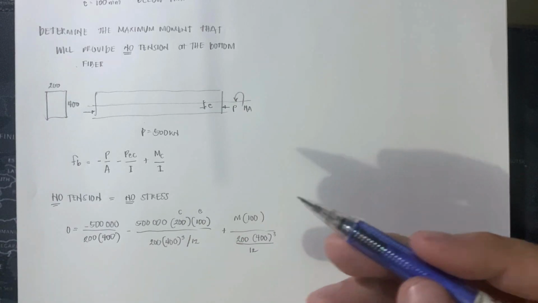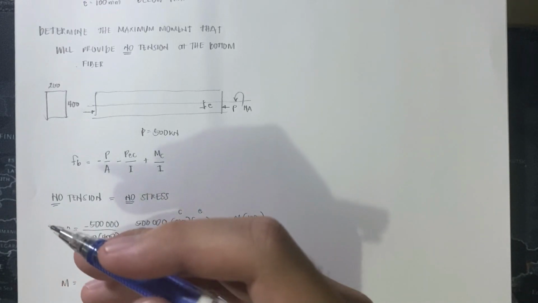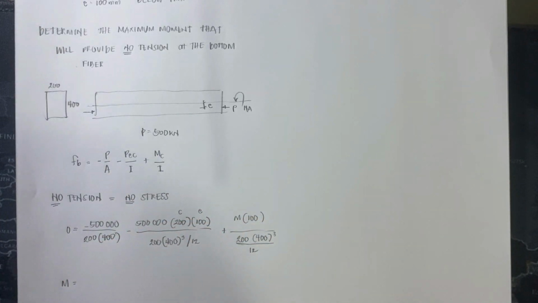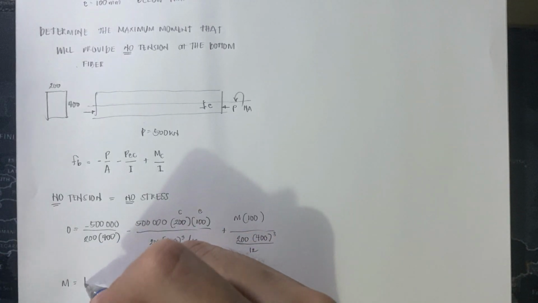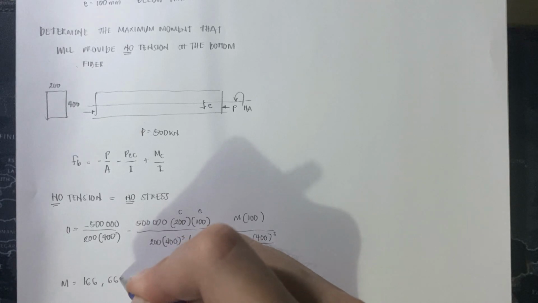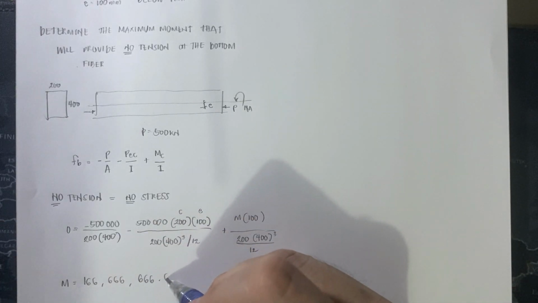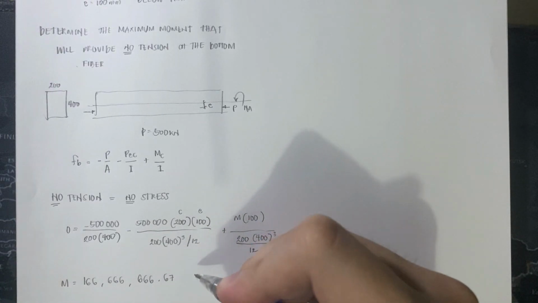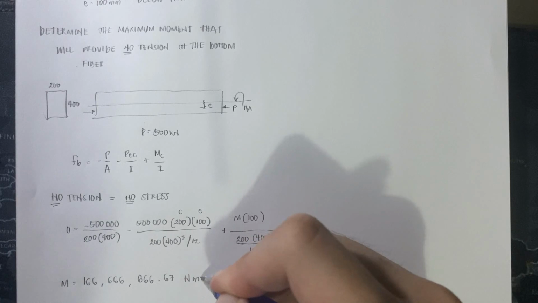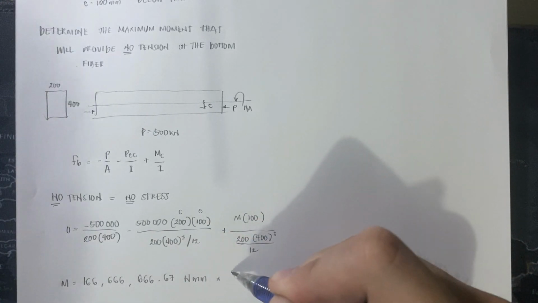So pindot. So your moment would be equal to 166 million. Yung unit natin dito is Newton mm. So kunin natin into kilonewton per meter.